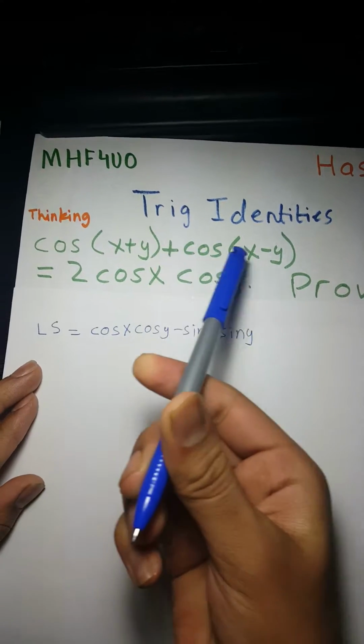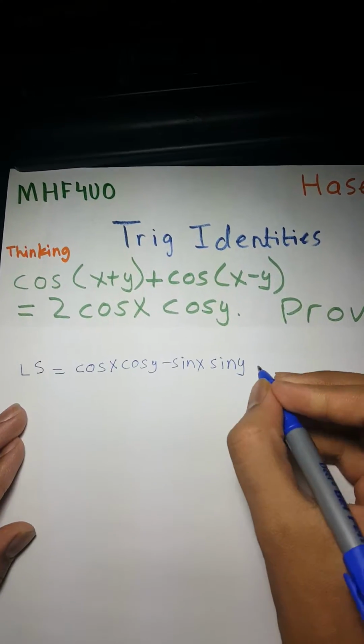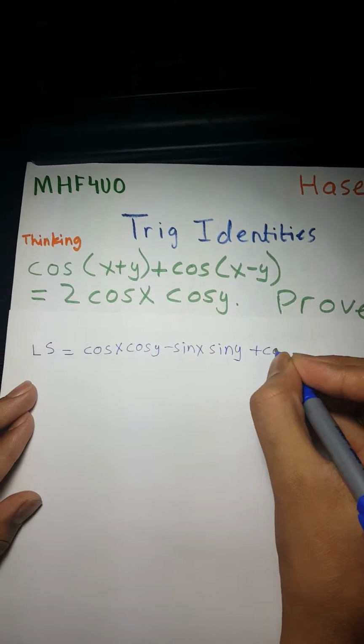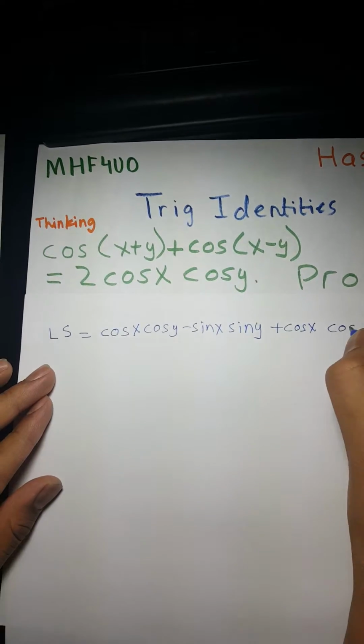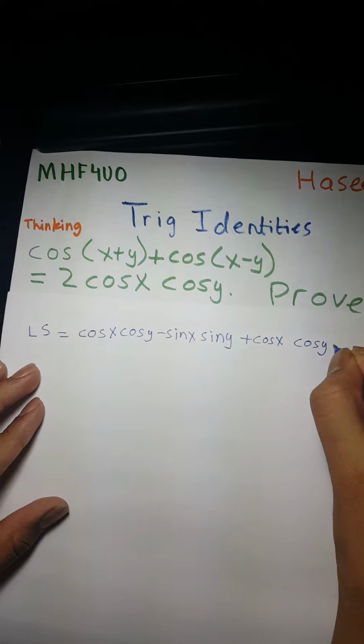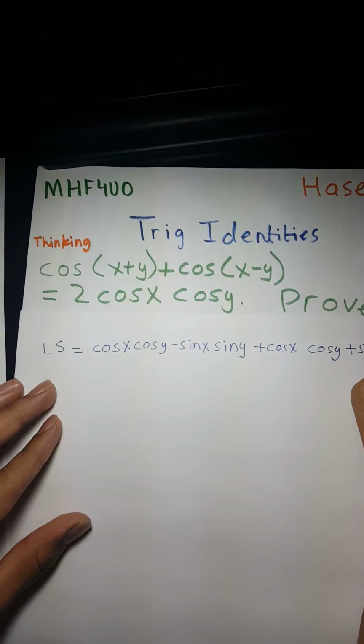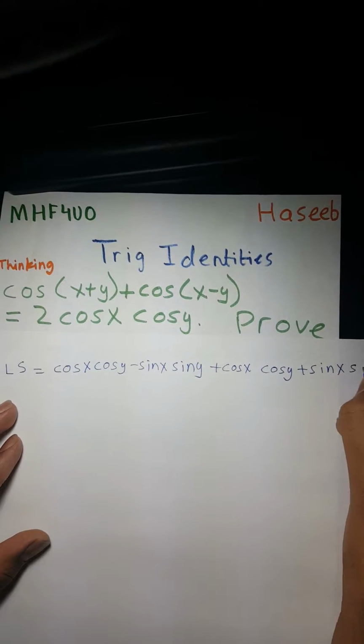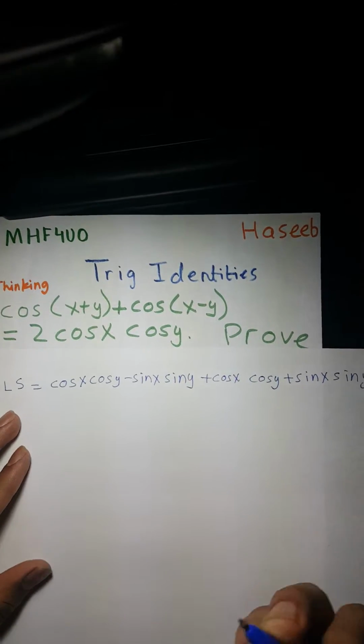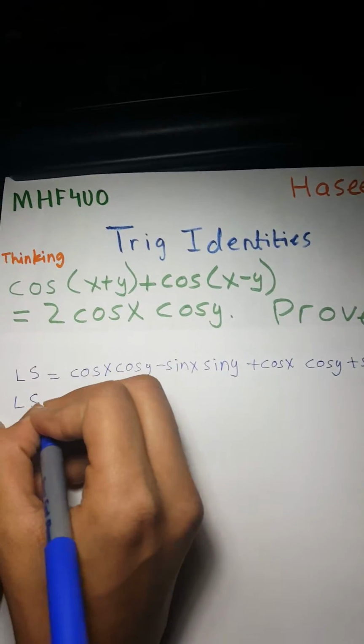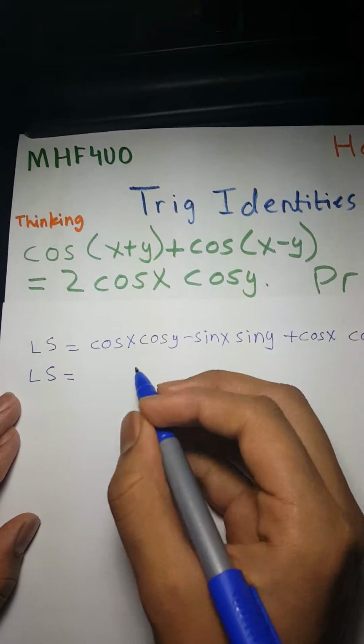And then we put in what the expanded value for cos(x - y) is, which is plus cos x cos y plus sin x sin y. Pretty simple, but obviously, as you know, when we're adding something, we try to collect the like terms.